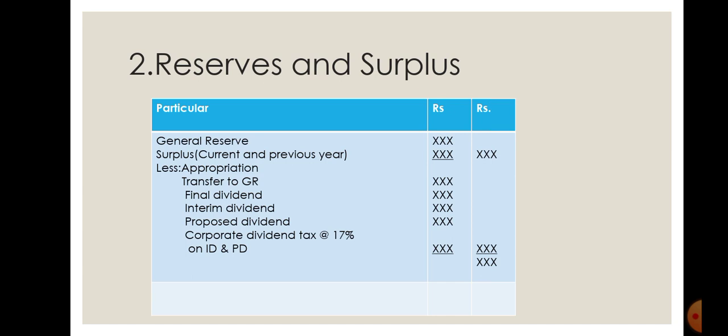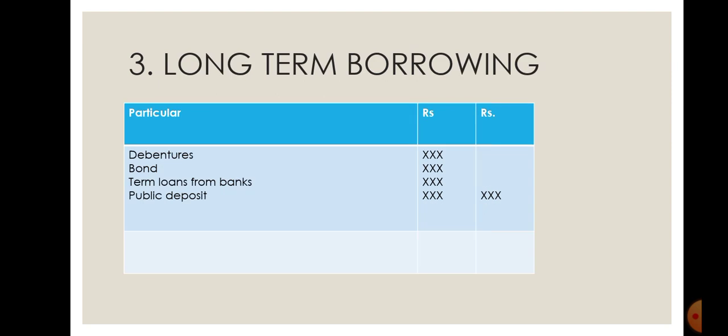If not, no need to bother about it. Only in case interim or proposed dividend is given do we need to calculate corporate dividend tax at 17 percent.